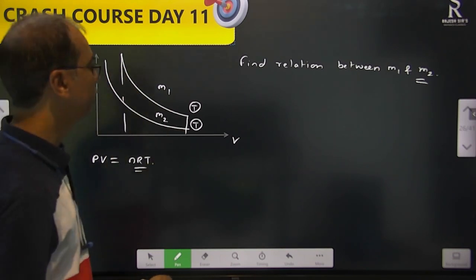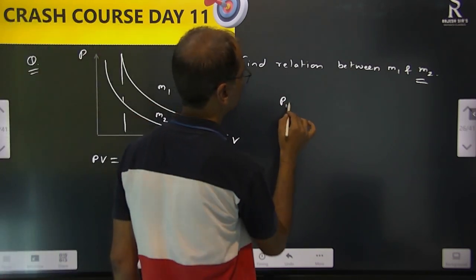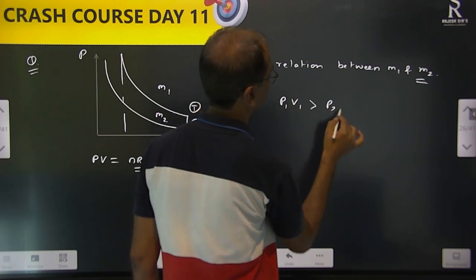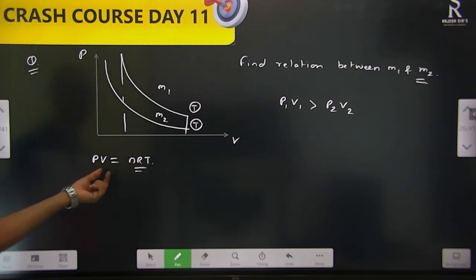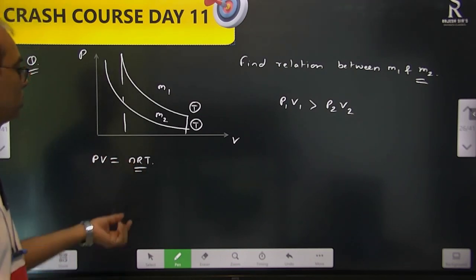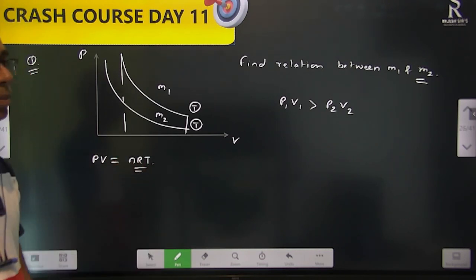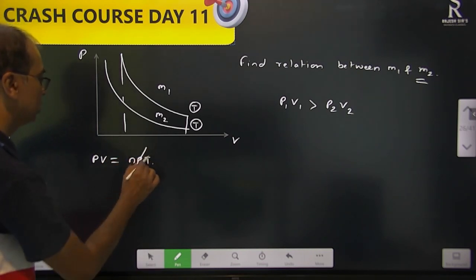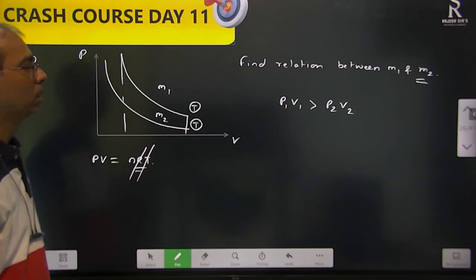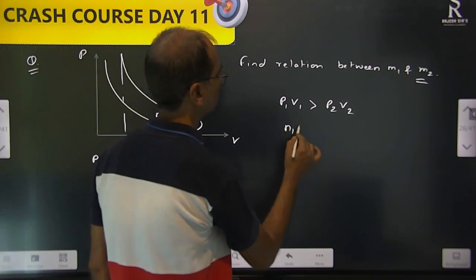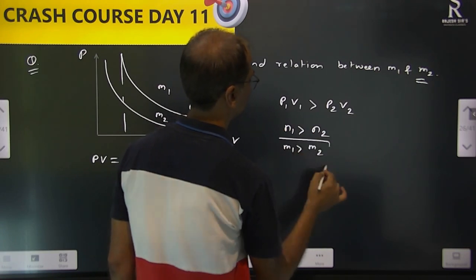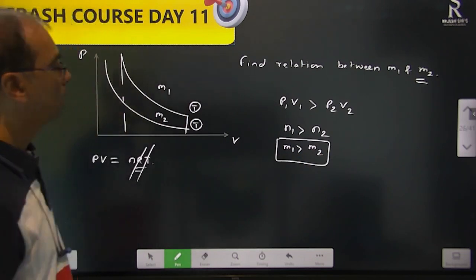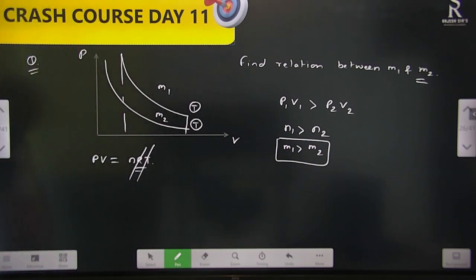So I can say P1V1 is greater than P2V2. Now P1V1 means what? nRT. Temperature is anyhow constant, R is also constant. So PV is directly proportional to n because R is constant, T is constant. T is same. So that means n1 is greater than n2. That means M1 is greater than M2.